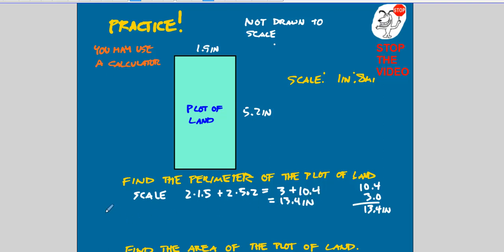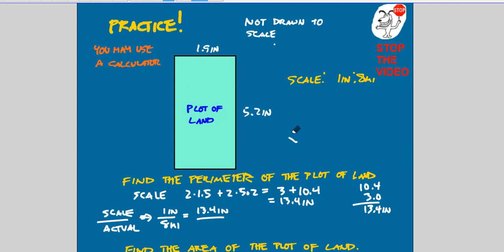So now we'll set up a proportion. You could put actual over scale. I'm doing scale to actual here. So my scale is going to be 1 inch is to 8 miles as 13.4 inches is to x, and x is, well, let's call it p for perimeter here.